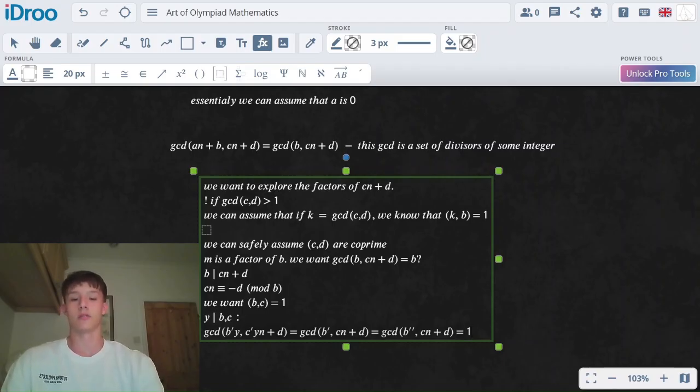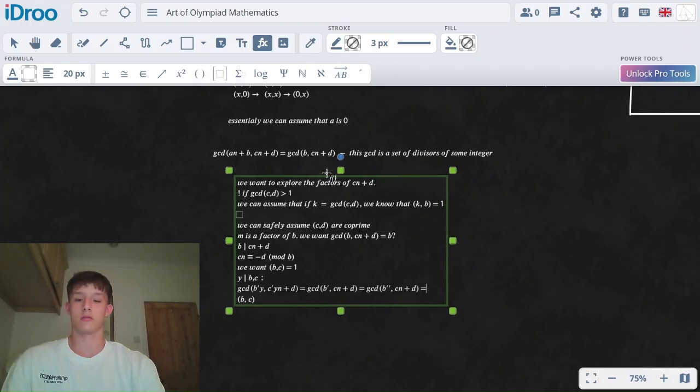And when this GCD turns into one, this means that we achieved such a B that B is coprime to C. We kind of want the GCD of B and C to be one.